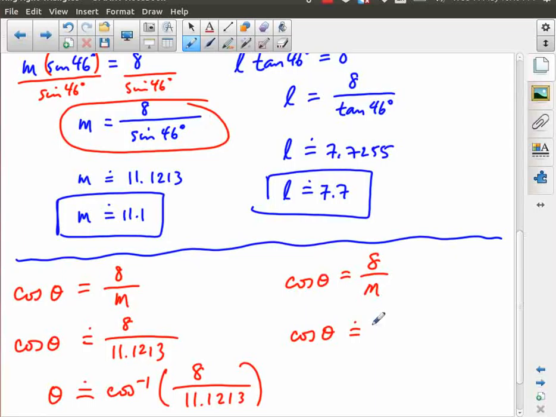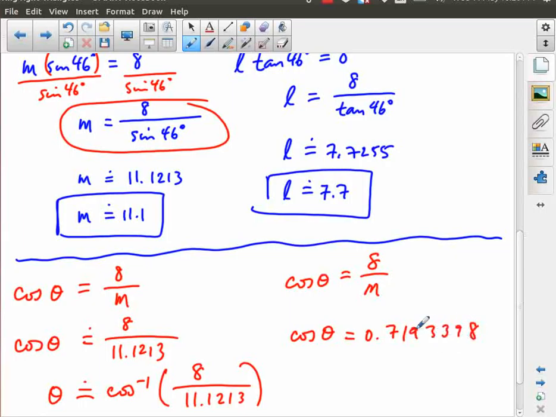I'm not going to round it. And then, if I'm good at manipulating my calculator, I'm going to say 8 divided by that number that I just got, and I end up with, actually, it's not approximate. I end up with an exact value here, and it's exactly equal to 0.7193398.